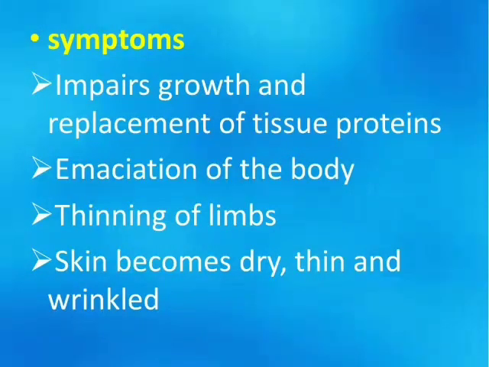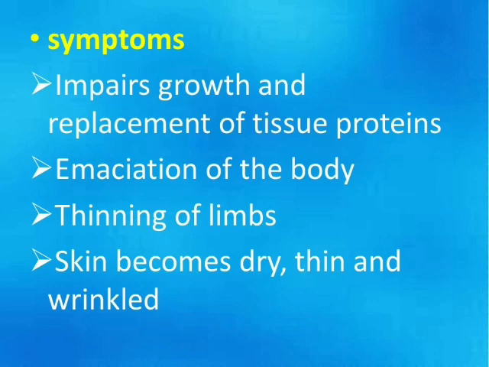The symptoms of marasmus are it impairs growth and replacement of tissue proteins. So growth and development will be affected. Emaciation of the body, that is, emaciation means the state of being abnormally thin or weak. There is extreme weight loss due to loss of fat under the skin or muscles throughout the body.